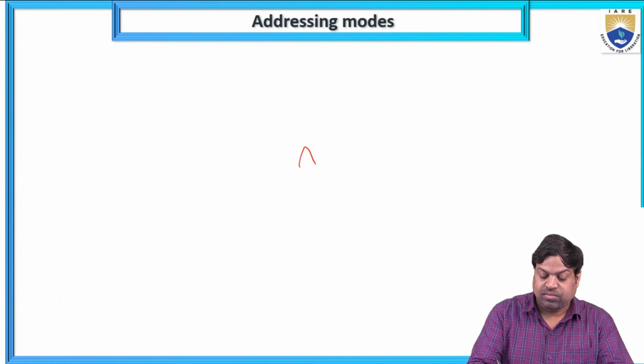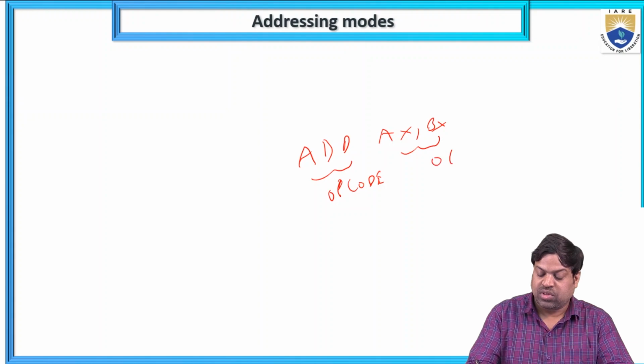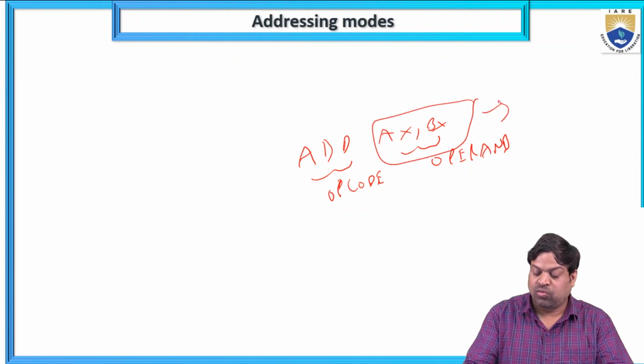So, add ax comma bx: opcode and operand, opcode and operand. For any instruction, what is the operand? We take the operand as the address of the operand.